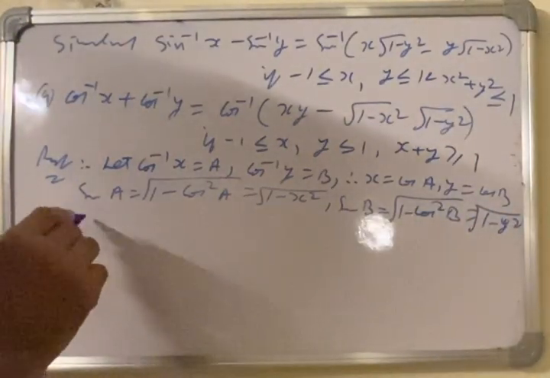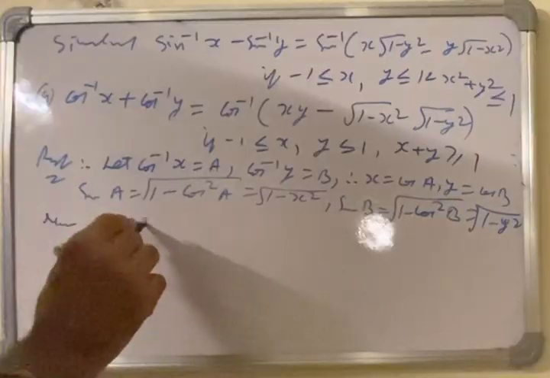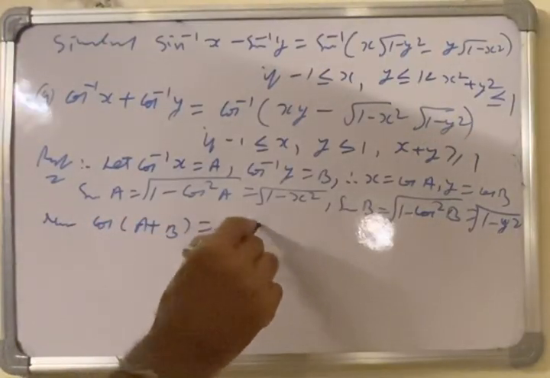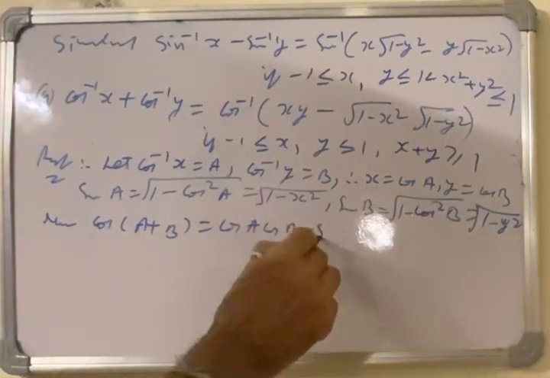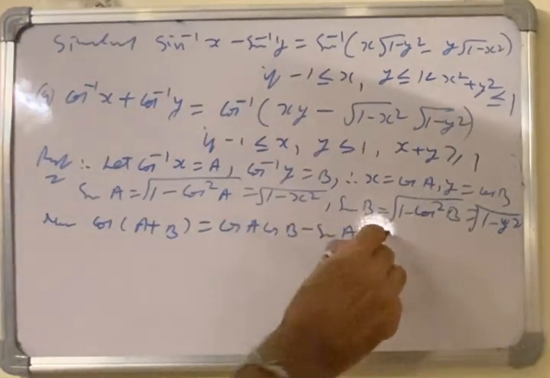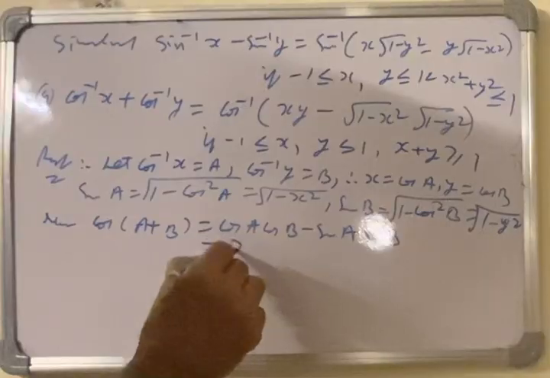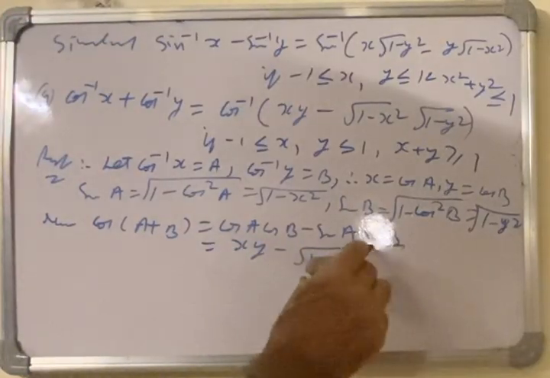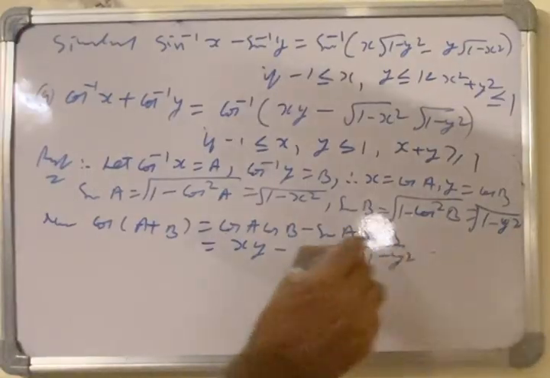Now, cos of A plus B is equal to cos A cos B minus sin A sin B. We put their values: xy minus square root of 1 minus x square into square root of 1 minus y square.